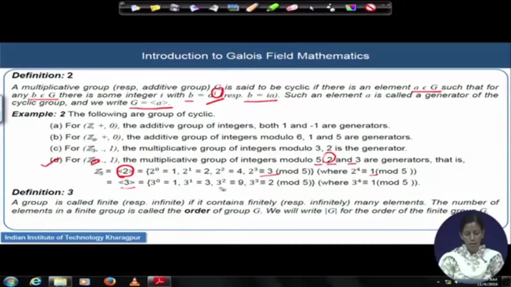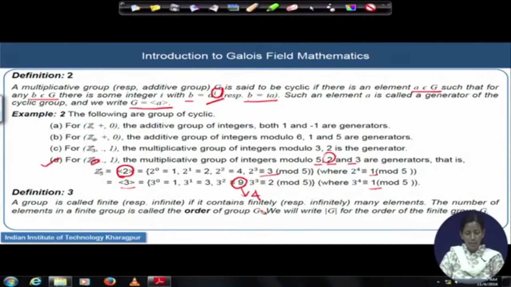If I go ahead you will see that I will get all the elements back. 3 squared is equal to 9, but with the mod 5 operation I end with the number 4, and 3 to the power 3 is 27, which with mod 5 gives back the number 2. 3 to the power 4 with mod 5 will return the value 1. So, you are getting the values 1, 2, 3, 4 only, all the elements of this Z5 star.